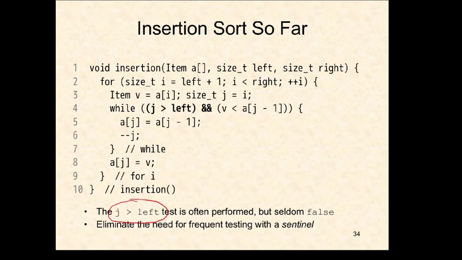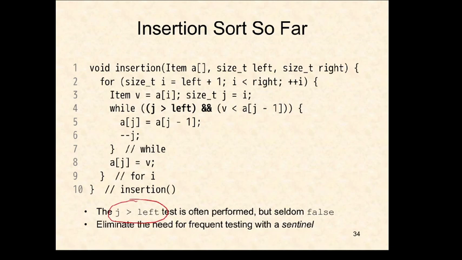Once the smallest value is at index 0, I will never have to go past index 1 anymore, because no one's ever going to swap with 0 any longer. So that test gets done all the time, but it's very, very rarely false. Especially once the smallest value gets to the beginning of the array, the test will never be false.